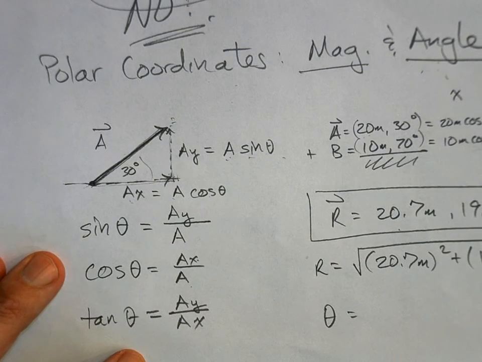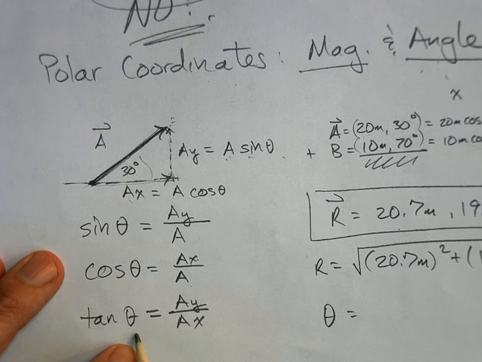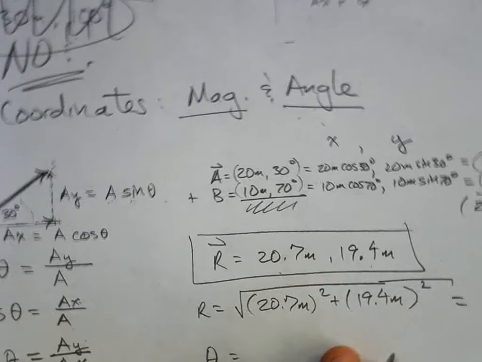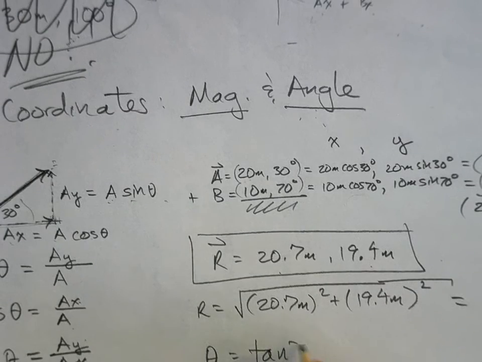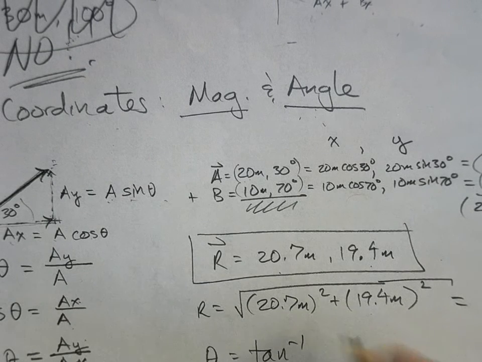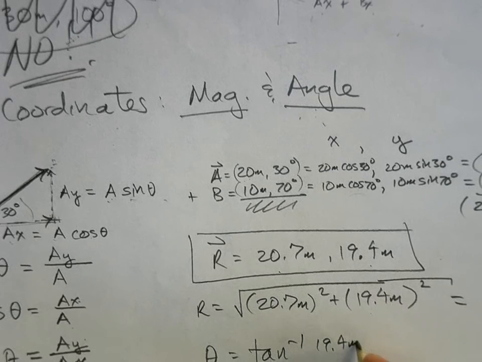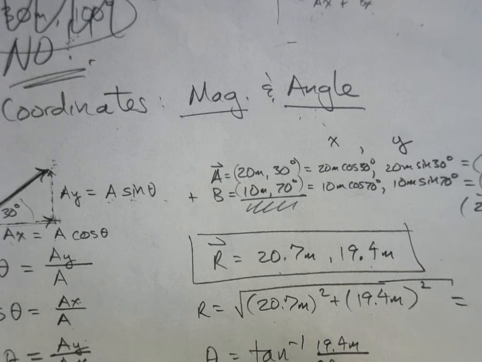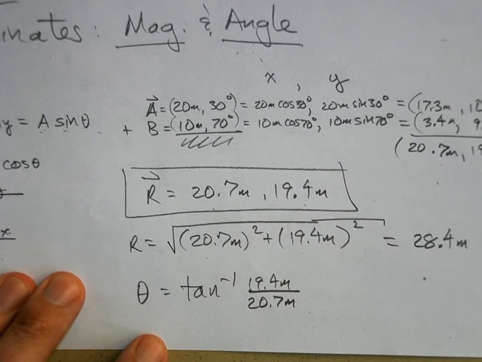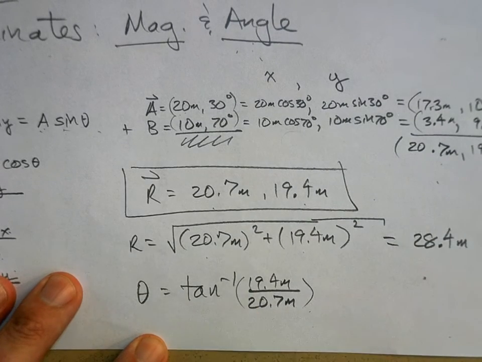But I want the angle. I know what the ratio is. I want the angle. So what am I going to use? I'm going to use inverse tangent of the y component over the x component. And this will give me my angle.